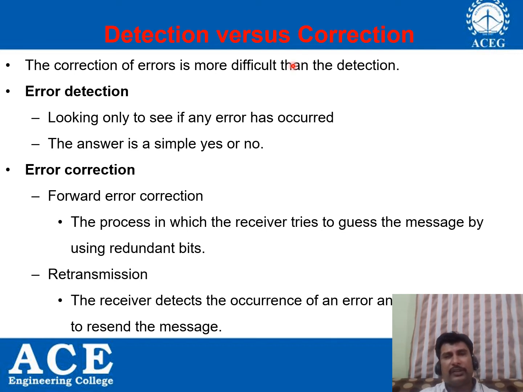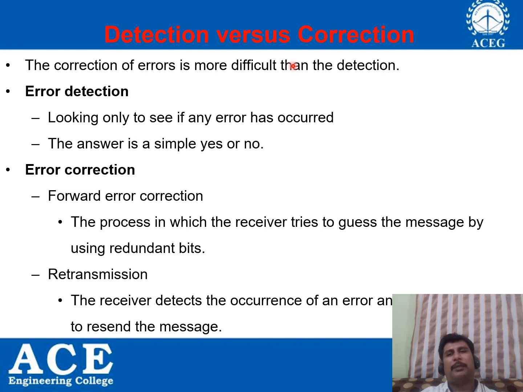For this, we'll take a simple example of the way an invigilator observes a student. Suppose you are trying to do some mistake in the exam. Then I know that I am an invigilator and I know that you are doing wrong. But the only thing I can do is say that your problem is wrong. I will not tell you where the mistake is and what has to be done to correct it.